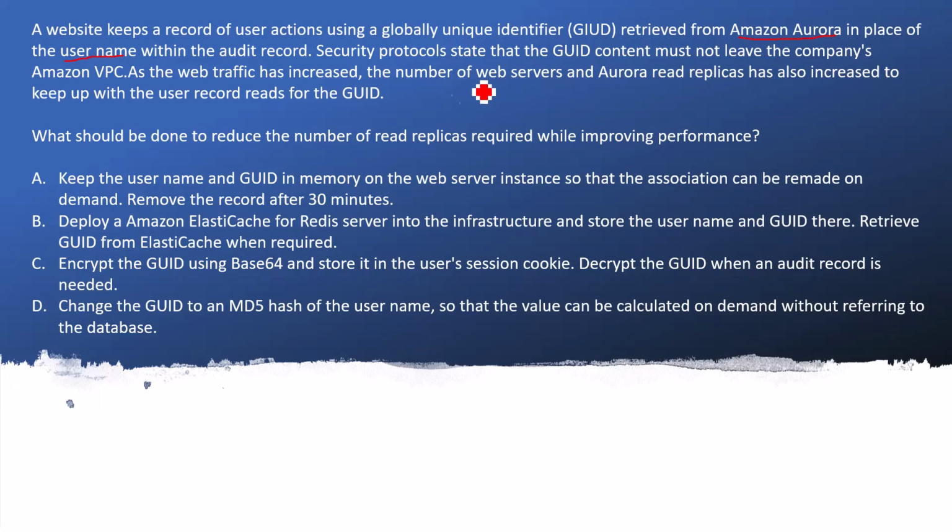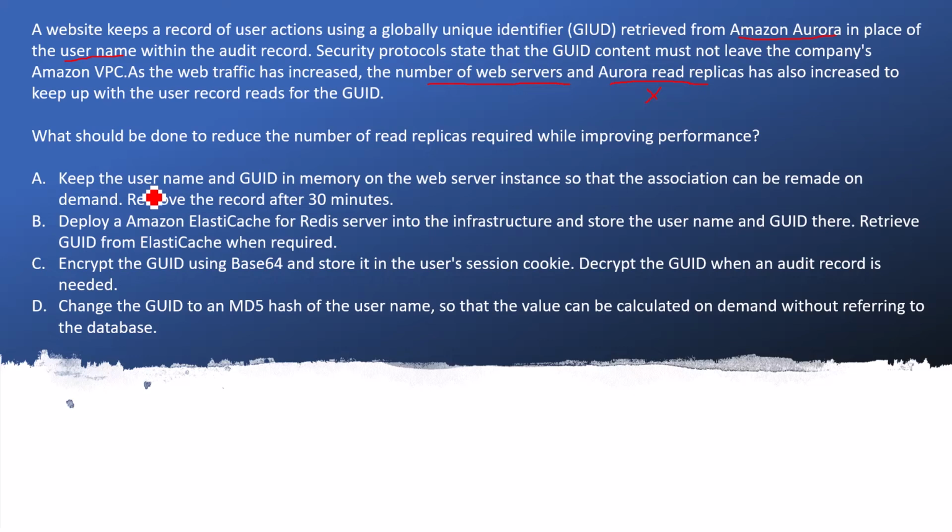Of course we are not able to reduce the number of web servers, but how can we reduce the read replicas without any performance issue? The performance should remain the same.